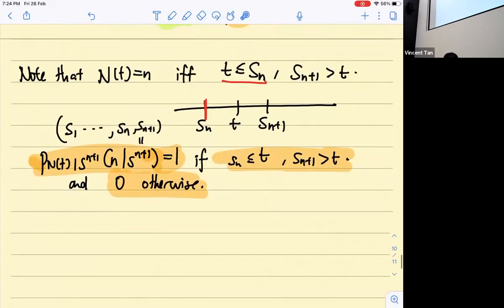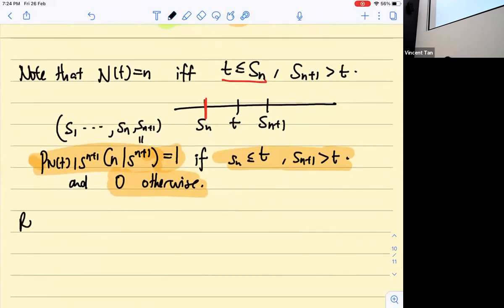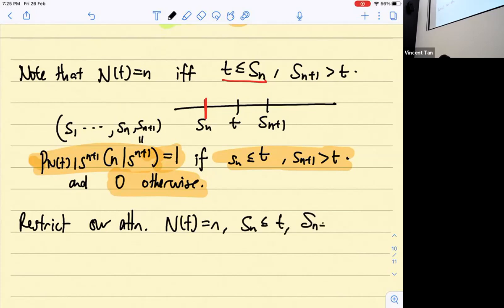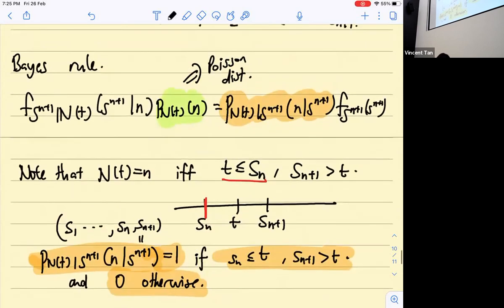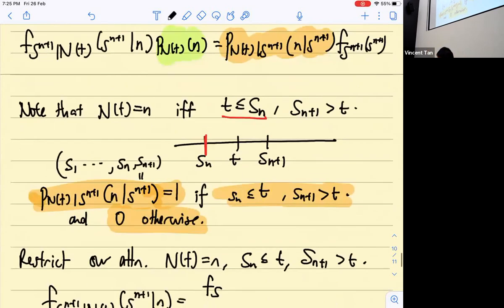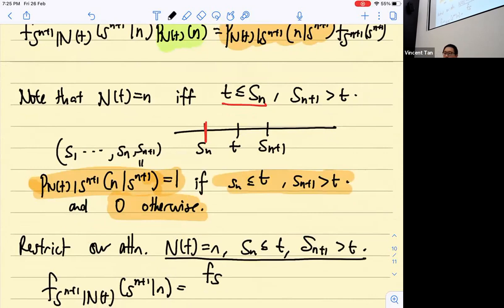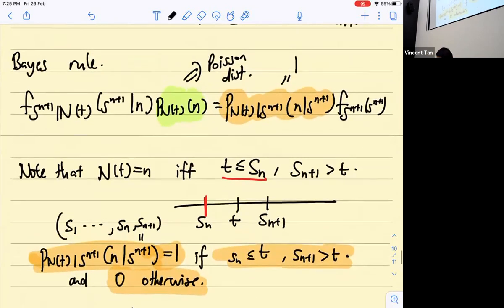Now we just restrict our attention to the case Nt equals n, and Sn is less than t, Sn plus 1 is bigger than t. Then we have f of Sn plus 1 given Nt equals n is equal to f of, now this guy here takes on the value 1. I'm restricting my n and my Sn plus 1 to satisfy this particular event. Otherwise, the right-hand side is 0, and there's nothing to talk about.